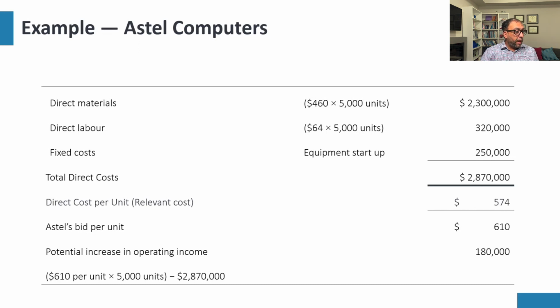In the light of the extra capacity and strong competition, management strategy is to bid as high above 574 as possible while remaining lower than competitors' bidding.